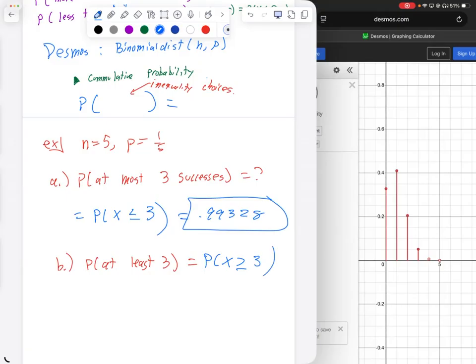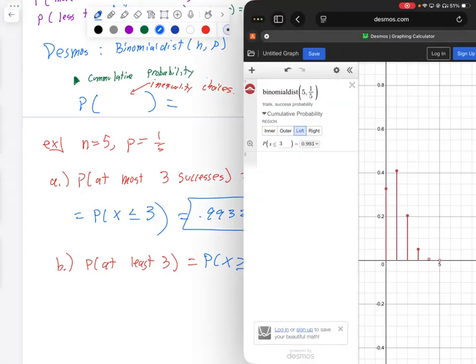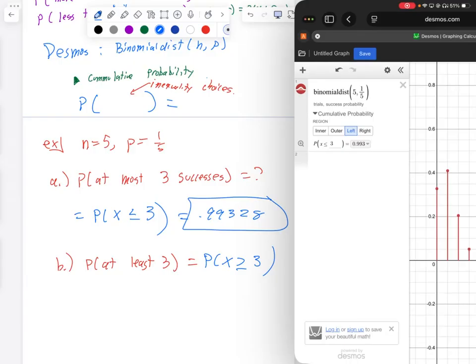At least 3 means 3. Is 3 at least 3? The answer is yes. So how am I going to use the Desmos function? How do I change it so I can find the answer for this question?